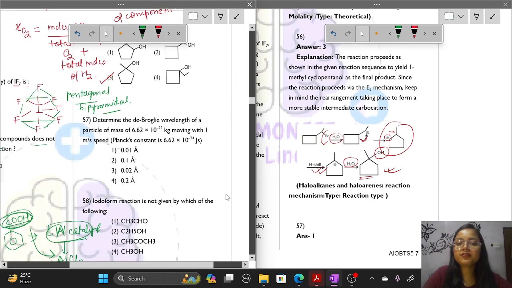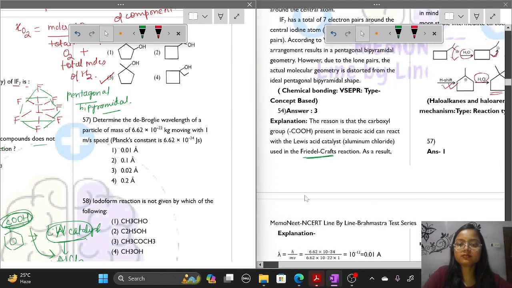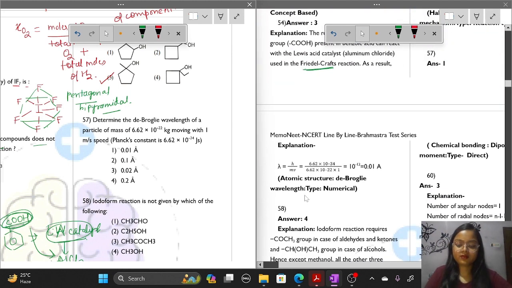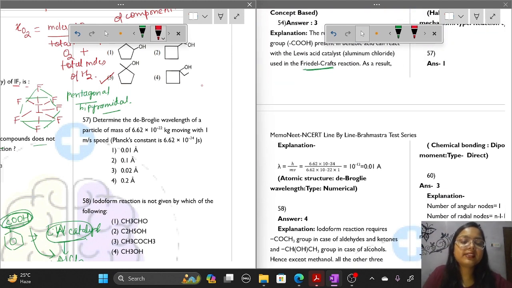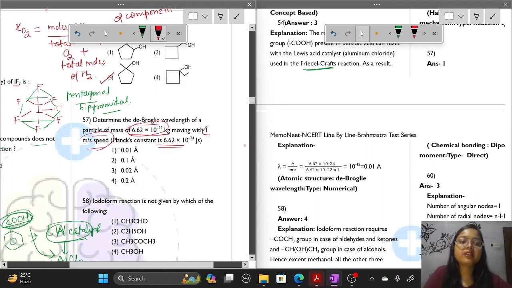For question number 57, determine the de Broglie wavelength of a particle of mass 6.62 into 10 to the power minus 22 kg moving with 1 meter per second speed. Planck's constant is given in the question. Okay, so mass is given and the speed is given, which is 1 meter per second.